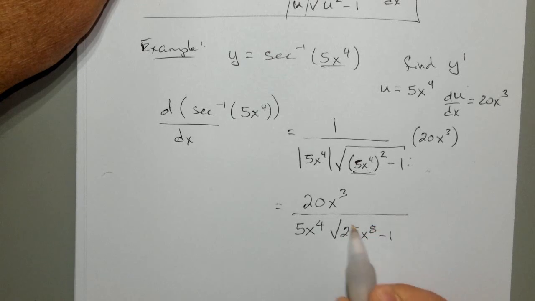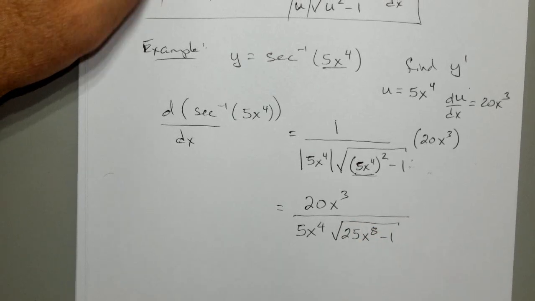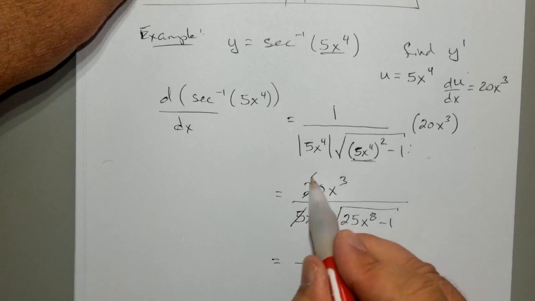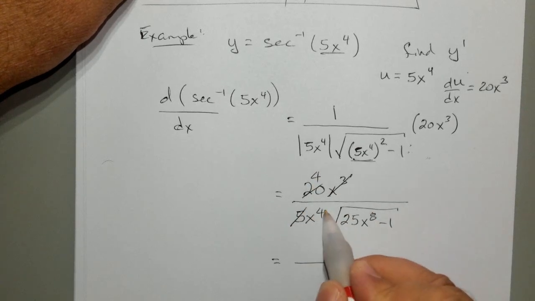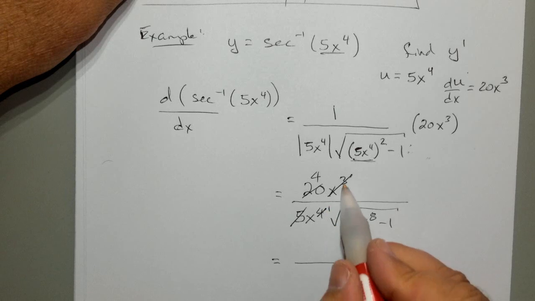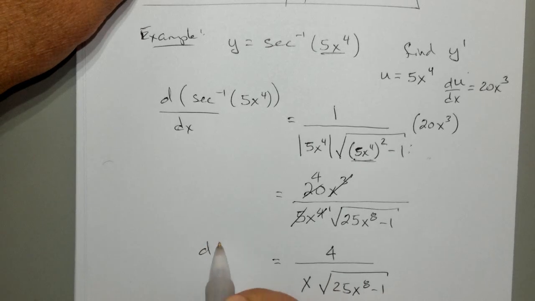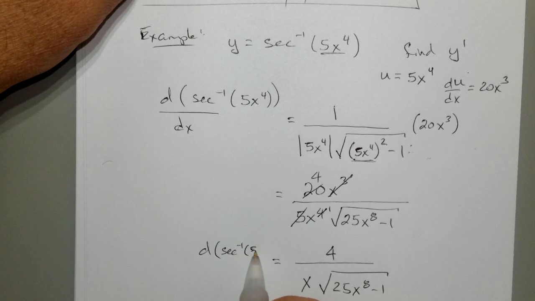Very good. Minus 1. Five goes into 20 four times. 3 and 4 cancel, so we have 4 over x times the square root of 25x to the 8th minus 1. That's the derivative of this inverse function.